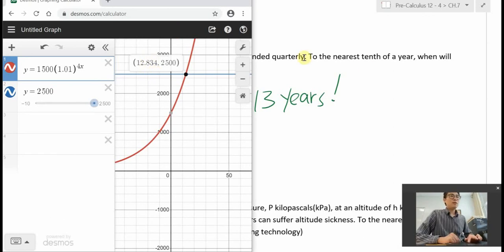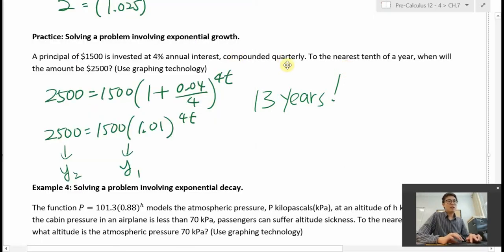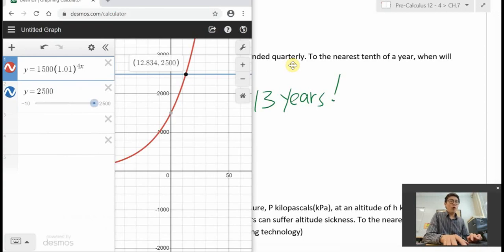So it's because this time it says nearest tenth of a year, but again, it says it's compounded quarterly. So it's either at 12.25, 12.5, 12.75, or 13. Now, 12.83 is more than 0.75 already, so it's already more than 9 months. Right, 3/4 will be 9 months out of 12.